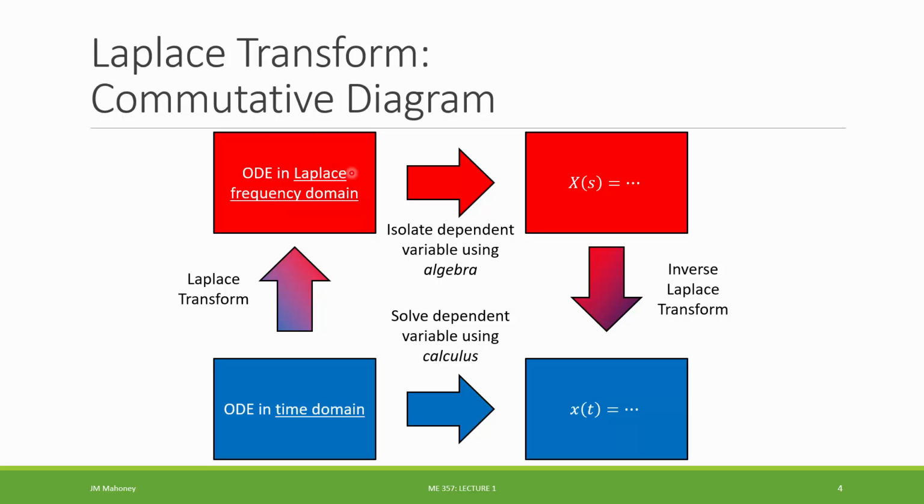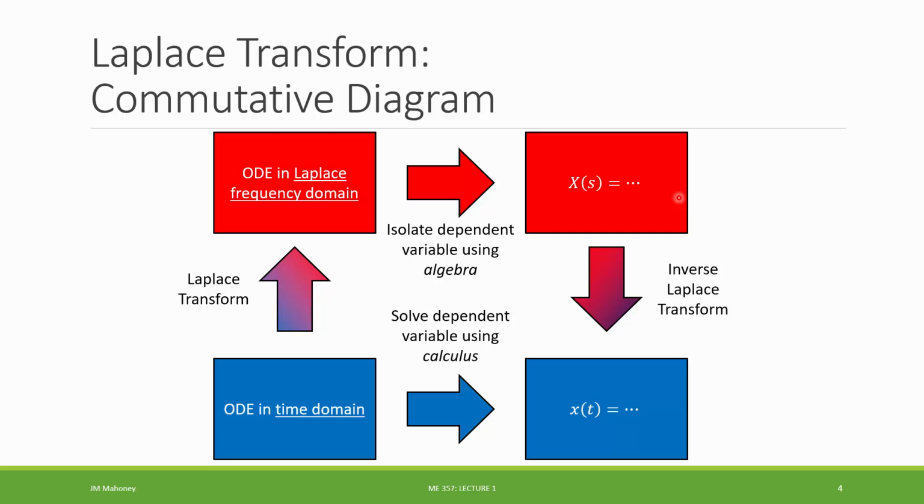So now we're taking that transformed equation, and like I said, it kind of turns it into an algebra problem. We want to isolate our dependent variable using algebraic techniques. And when we do that, we're going to get an equation that looks like, again, I'm using x here as my dependent variable, we're going to isolate this big X of s, the Laplace transform of x, equals some stuff on the right-hand side. It's going to be constant terms, it's going to be s terms.